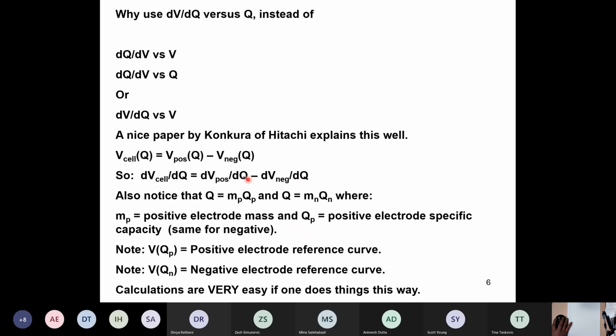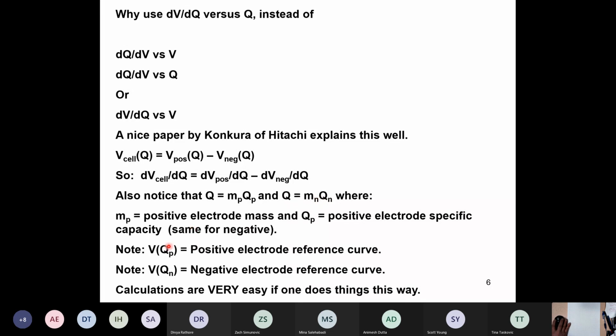And these are things that you can easily measure in half cells because the charge in the full cell is equal to the specific capacity of the positive electrode times the mass of the positive electrode, and the same for the negative.